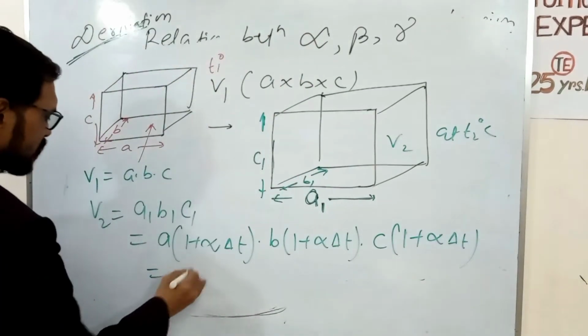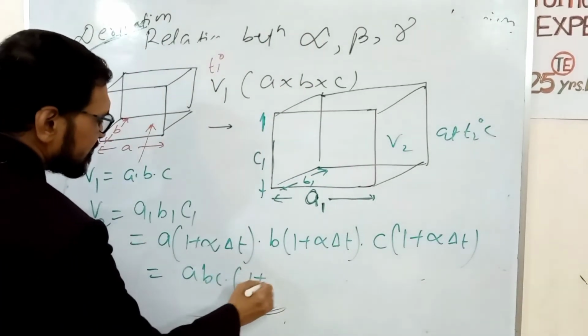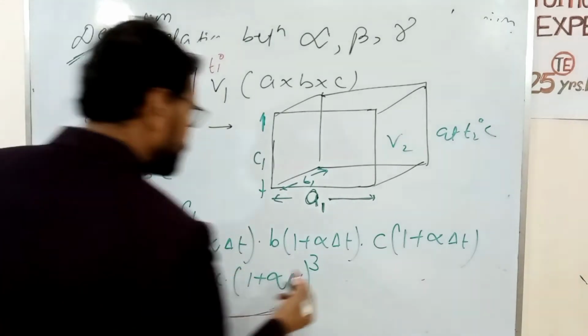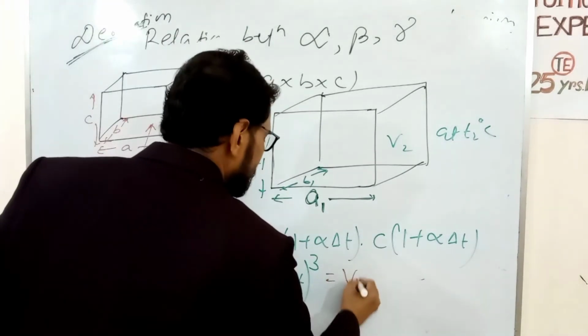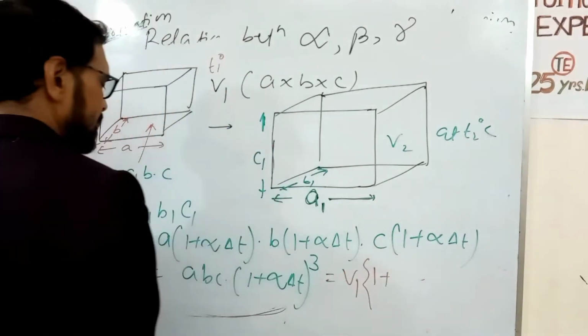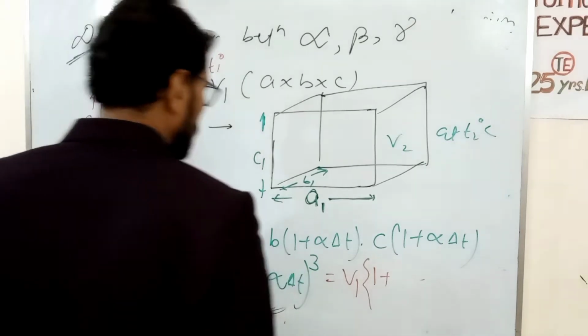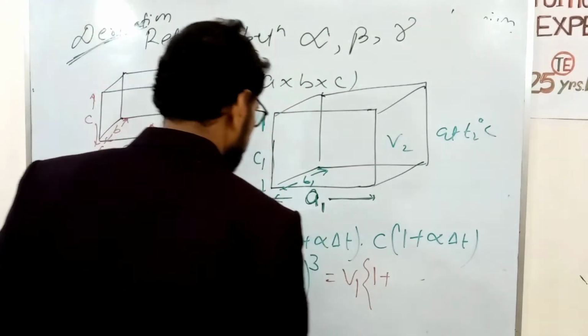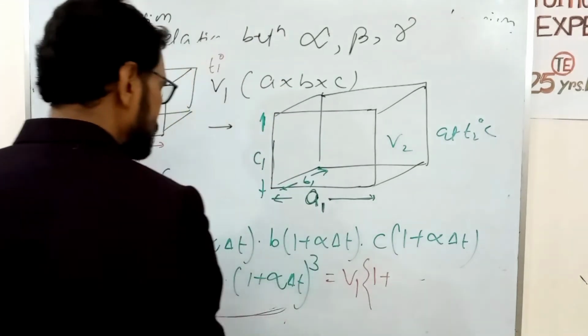So this equal to ABC into 1 plus alpha del T whole cube, that is V1 into, if we expand this, (a plus b) whole cube equal to a cube plus b cube plus 3a square b plus 3ab square.